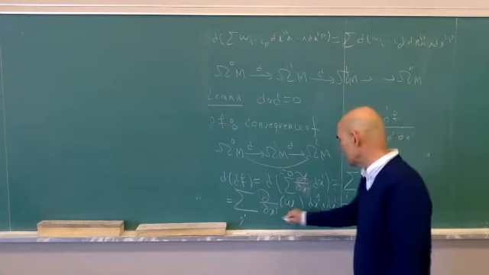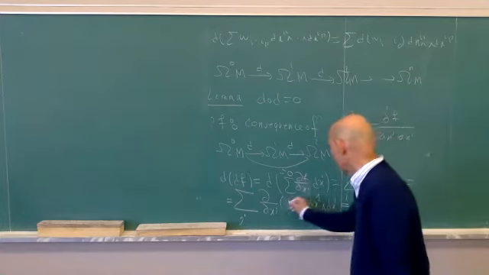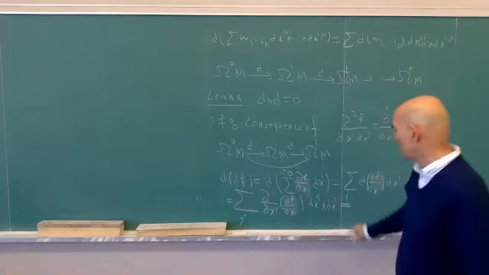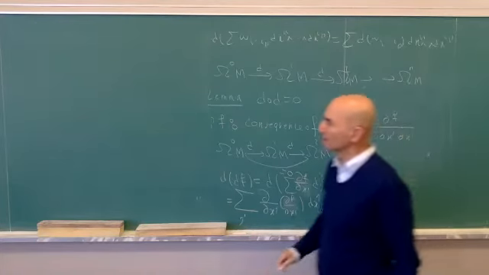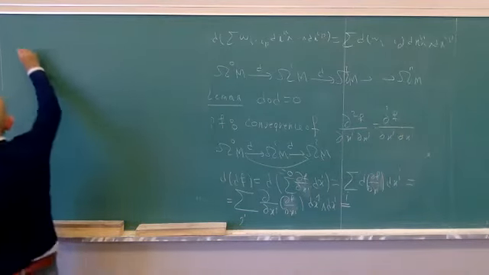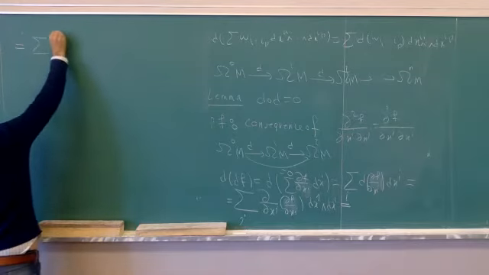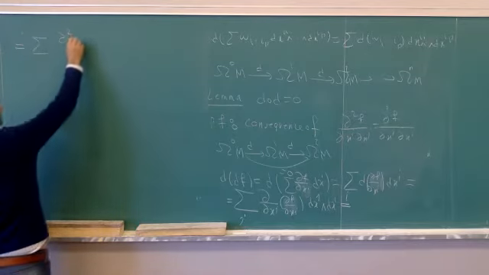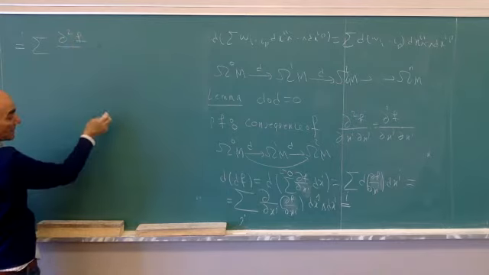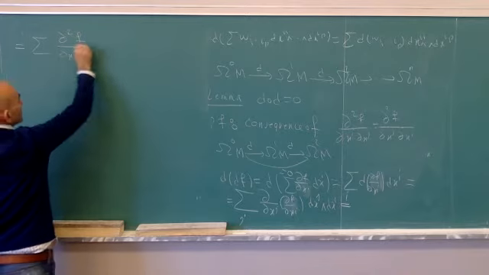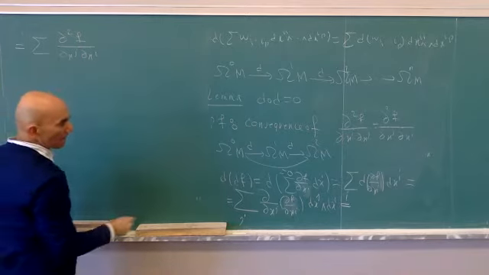So this is d over dxj now of df over dxi, dxj wedge dxi. So the total sum is equal to the sum of d2f over dxj dxi, dxj wedge dxi.